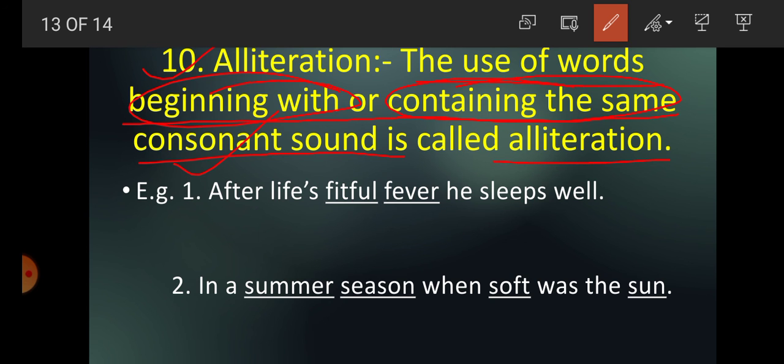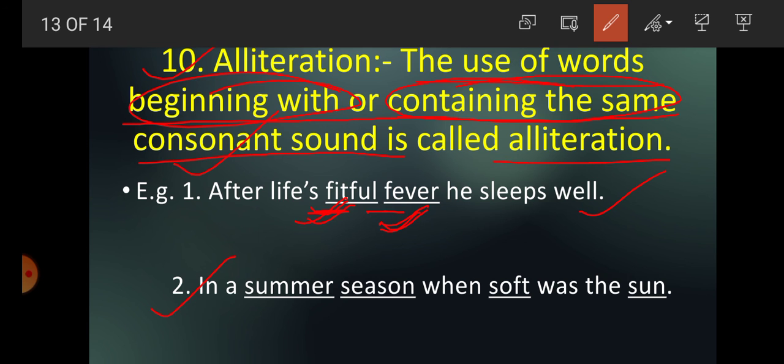For example, after life's fitful fever. Here there is the sound of what? F. The F sound is repeated here. So it is the use of alliteration. After life's fitful fever, he sleeps well. So here fitful fever is the repetition of the F sound and that's why it is alliteration.